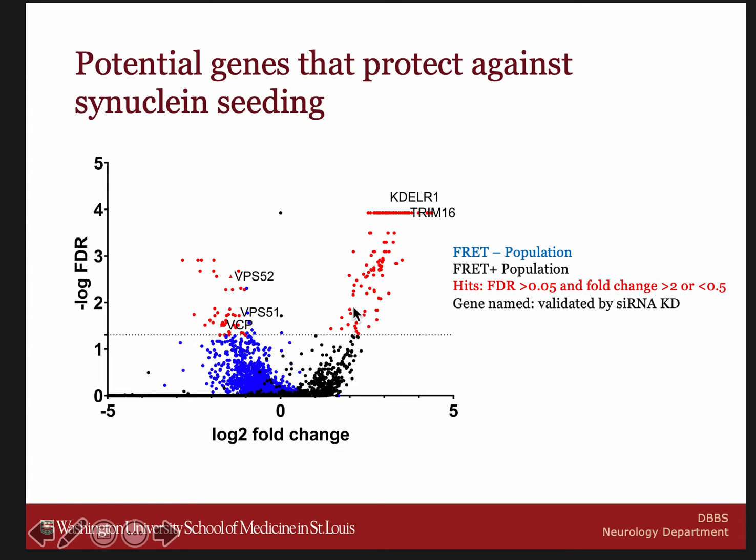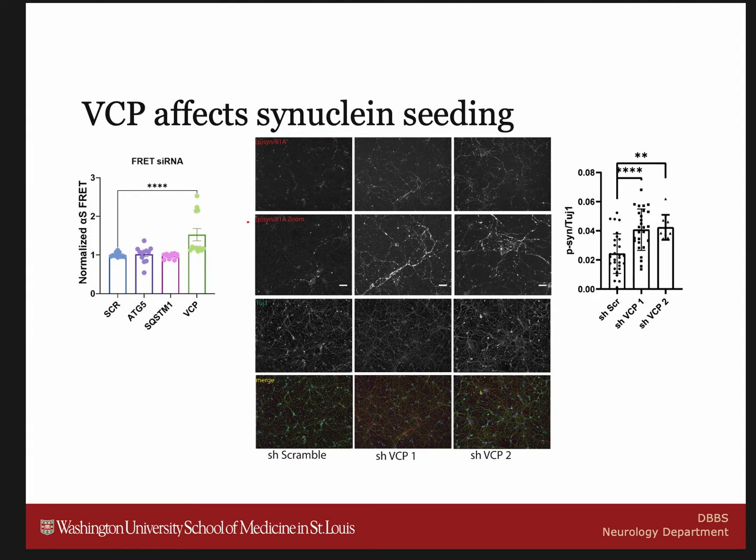We get the plot over here. The red dots are the hits we think protect against alpha-synuclein seeding. In the secondary validations, we found VCP is the one that gives us the biggest change out of the selected hits we validated. So we turned our focus to VCP.